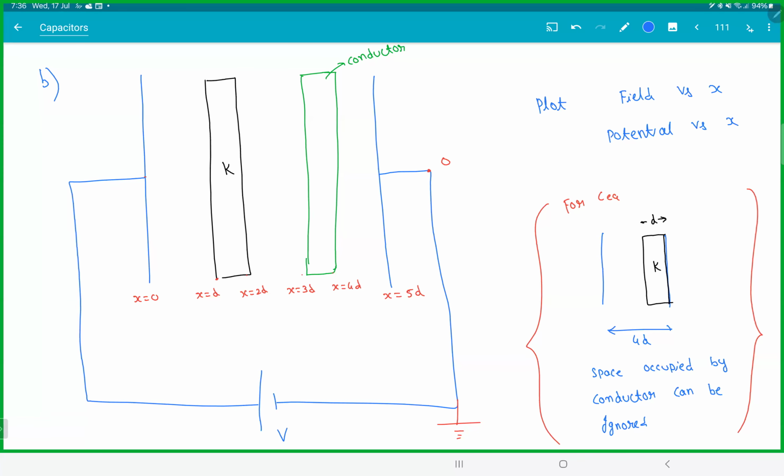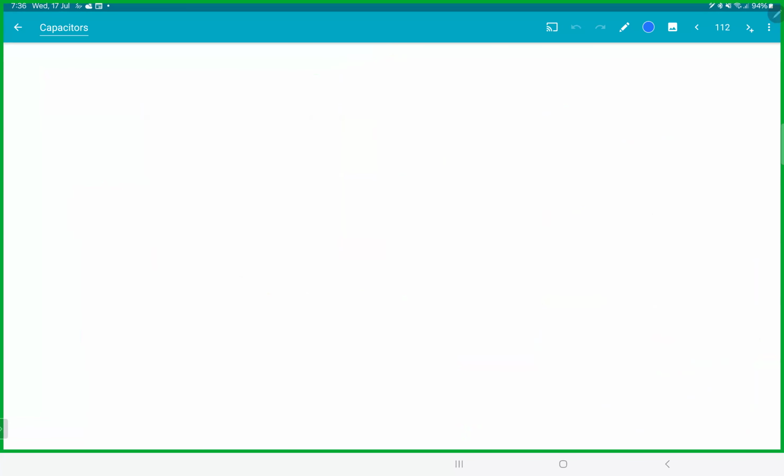Let's see E versus x graph. I think maybe I should show you the diagram first. Let's see how the field will vary between them.